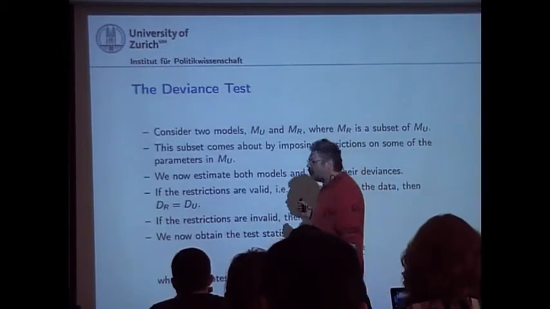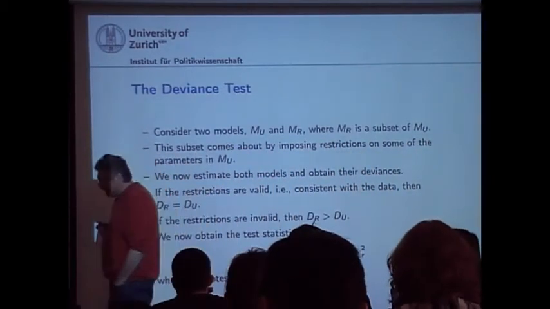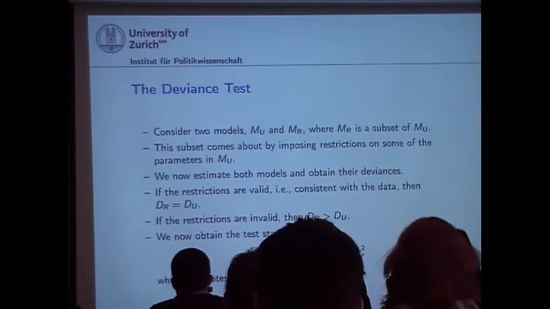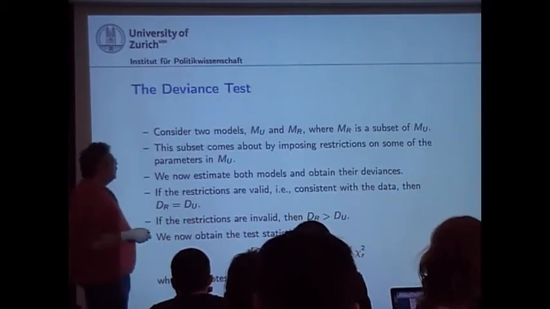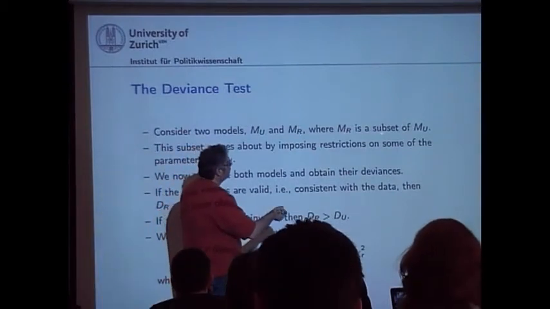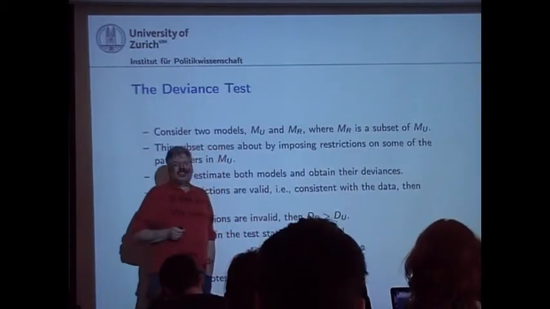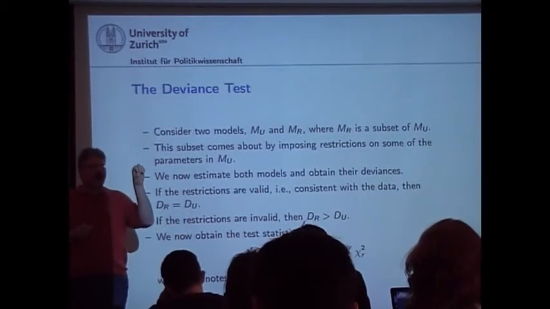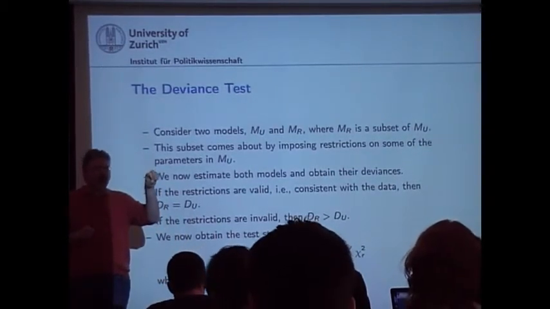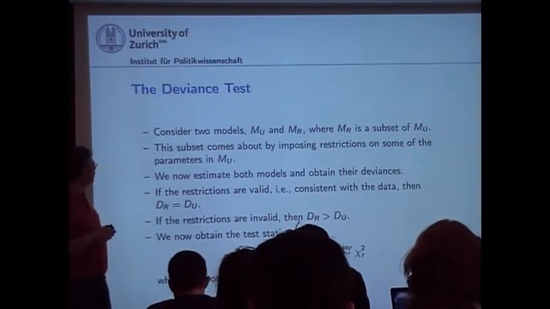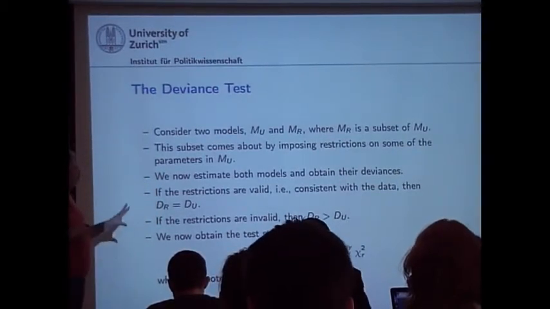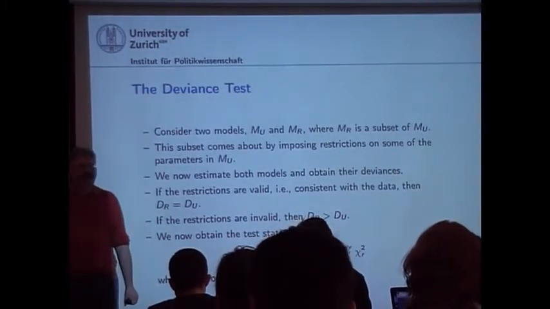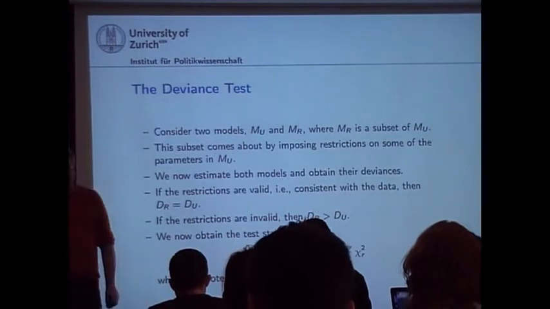Here is what a deviance test would do. We estimate two models, I'll call them MU and MR. U stands for unrestricted and R stands for restricted. So MR is a subset of MU in the sense that I put some restrictions on the parameters in MU to obtain MR. In particular, I'm going to impose some restrictions on the variance components.